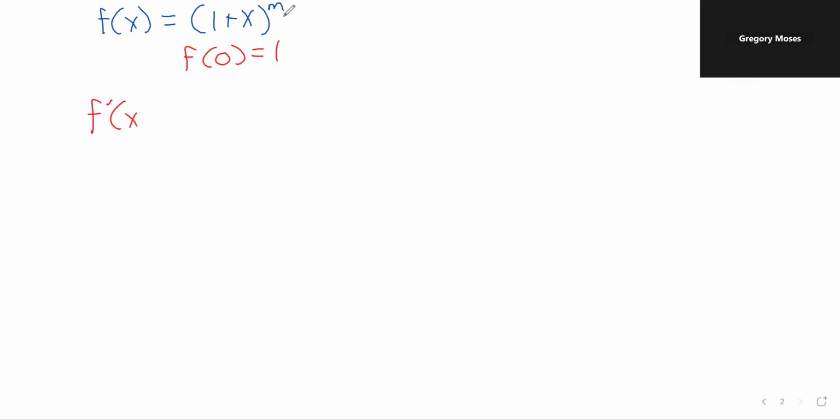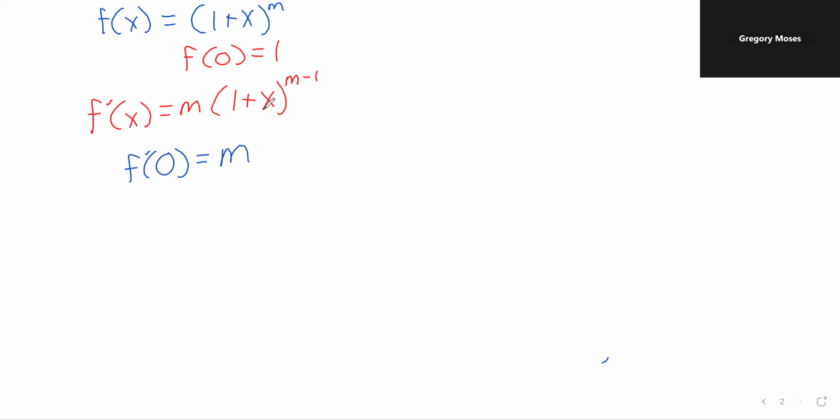Then f prime of x is m times 1 plus x to the m minus 1, and we plug 0 in here, and we get m.